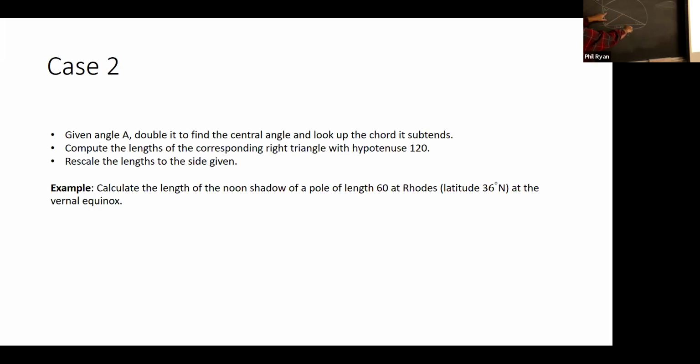I've screwed this up, right? Because I called that 36 and that 54. That's why it looks weird. So this is actually 108 degrees, and this is 72 degrees. Just my bad drawing. I've mixed up acute and obtuse, sorry. And so then you can go ahead and look up what, so if this was 120, you could figure out what this was, and you can figure out what this was, and then you can use the fact that it's actually 60 to rescale, and you can go ahead and solve that.